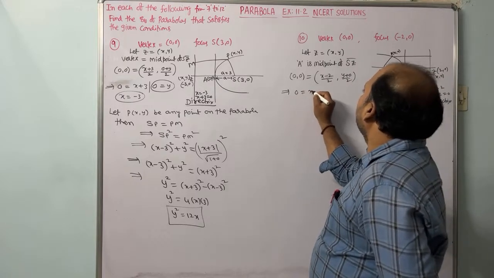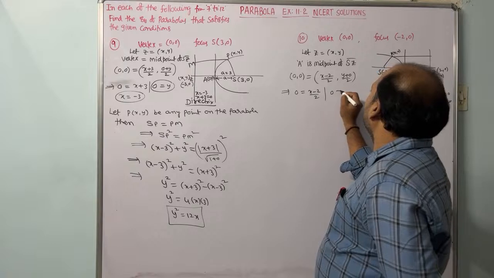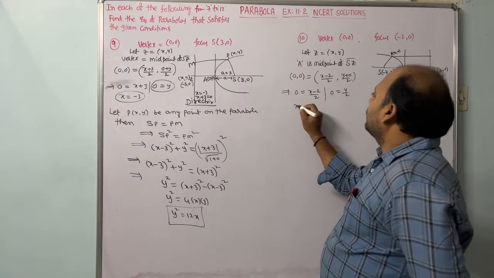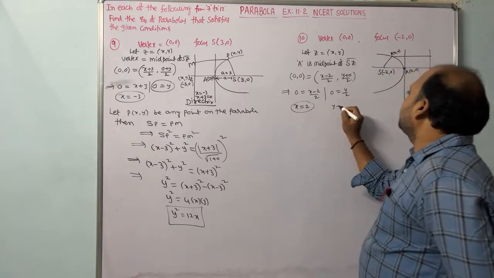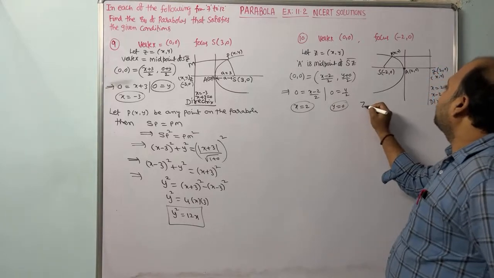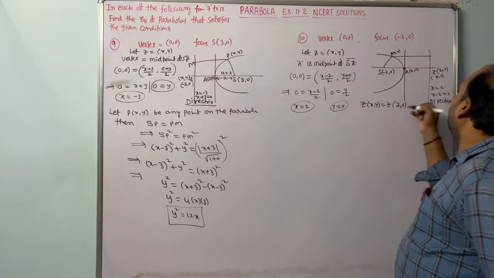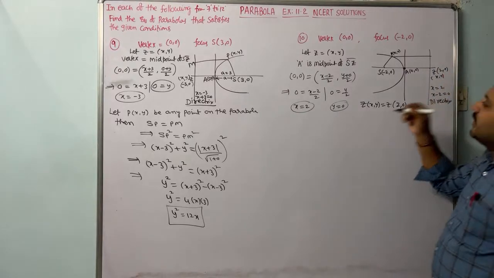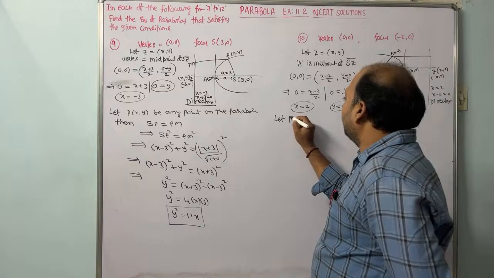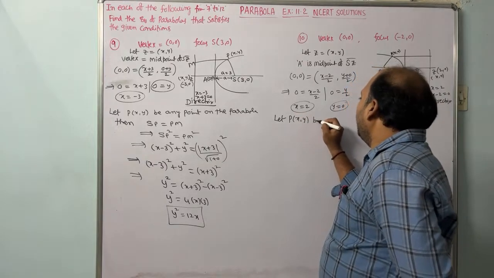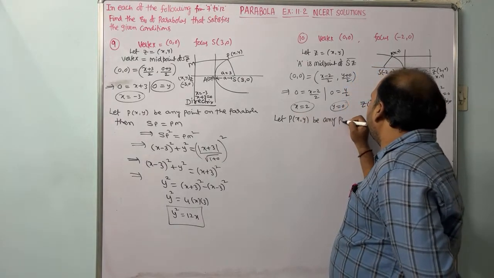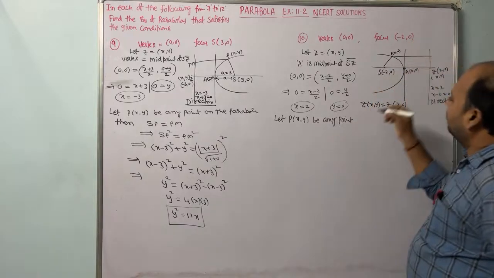So 0 equal to (x minus 2) by 2, 0 equal to y by 2. So x is equal to 2, y is equal to 0. Therefore the Z coordinate Z(x, y) equals Z(2, 0). We wrote it already. Next, let P(x, y) be any point on the parabola.